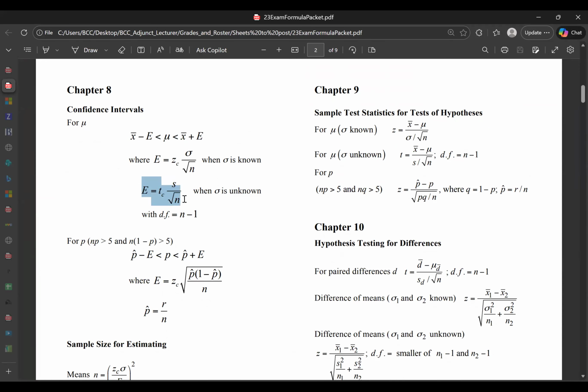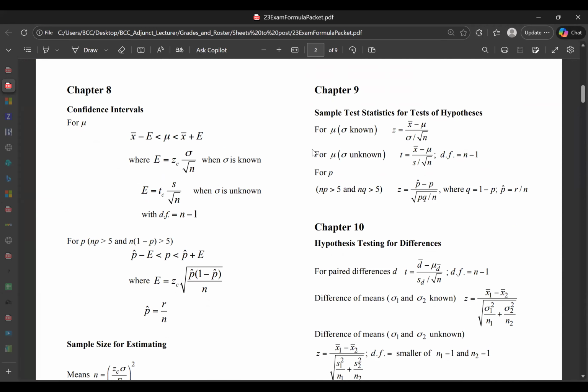This is my margin of error formula: T critical times sample standard deviation over the square root of N, when sigma is unknown. I don't know what sigma is, but I know what the sample standard deviation is, with degrees of freedom of N minus 1. If you ever forget, it's on the formula sheet. Just copy.